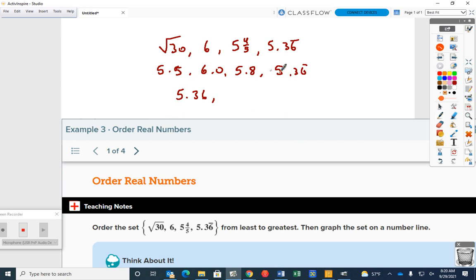Which one was second? 5.5, so I'm going to put radical 30. What's next? 5.8, so 5 and 4/5. And the last one will be 6. Does that make sense how we did that? Do we need to do another example, or is this good? All right, good.